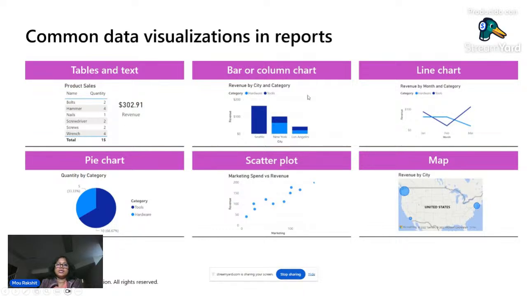In that case, you would visualize it with a bar or column chart. Then a line chart is mostly for trend analysis, like time series analysis, where you can see how the revenue is changing by day, month, etc. Then a pie chart shows which product is selling more, which product is bringing me more revenue.